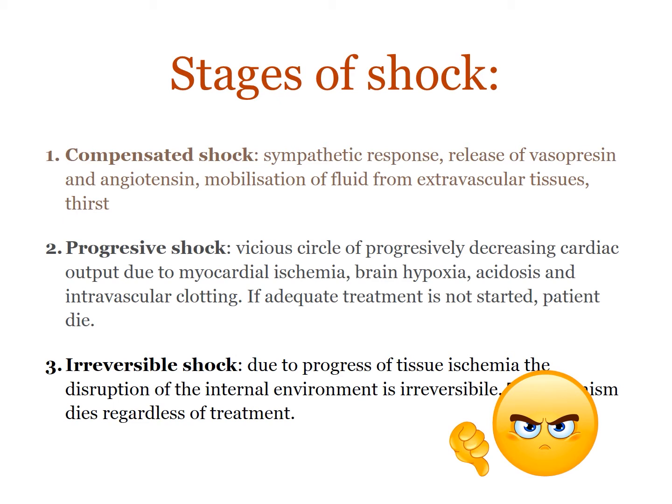Second, a progressive stage, in which without therapy the shock becomes steadily worse until death occurs. Third, an irreversible stage, in which the shock has progressed to such an extent that all forms of therapy are inadequate to save the person's life, even though for a moment the person is still alive.